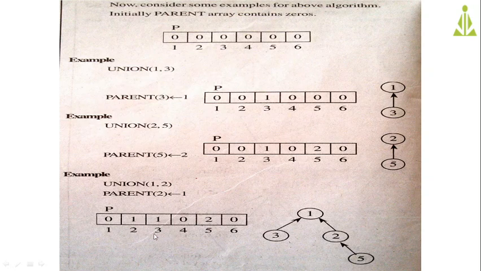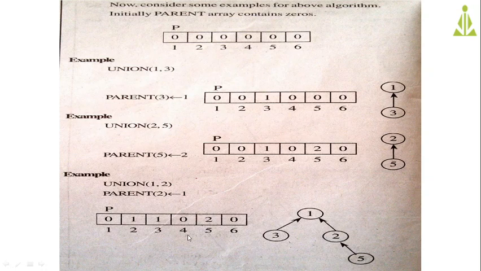For 3 and 2 we have 1, and the fifth one has 2, so 2 is the root node of 5. So you can draw in this manner. First they were separate, then we draw them in a single tree. This is very easy to understand.